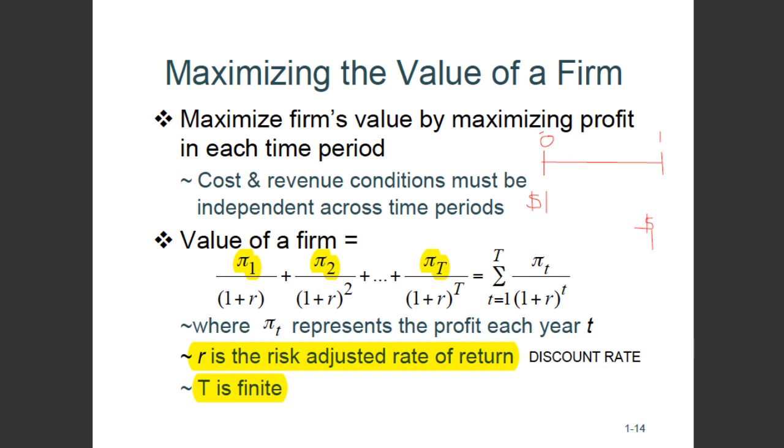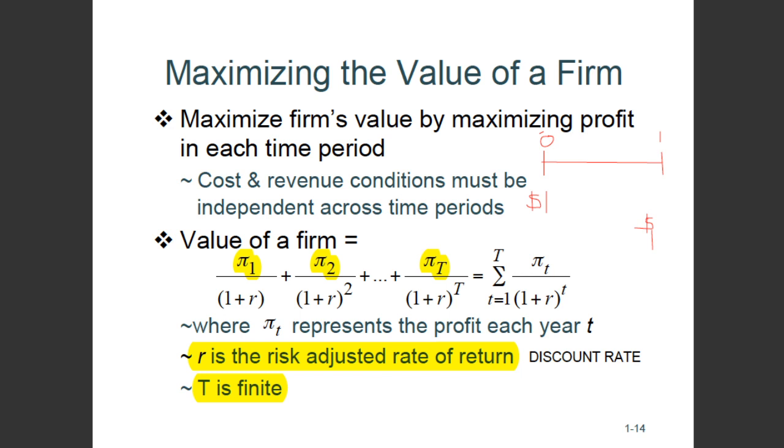So 0 is today and 1 is next period. Now, I can't compare these dollars because this is another issue of opportunity cost, okay?